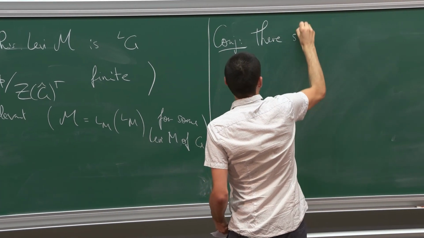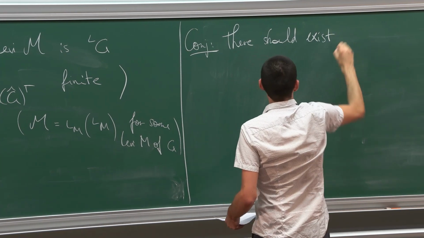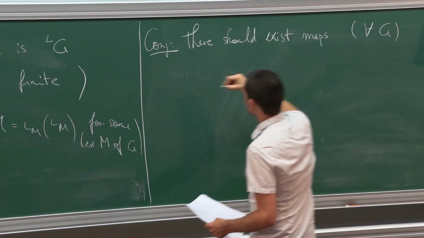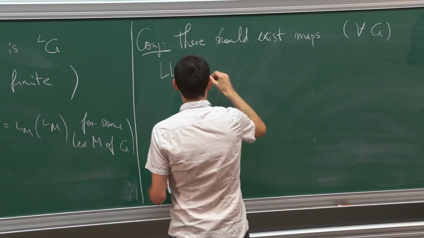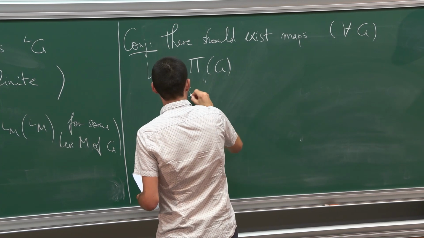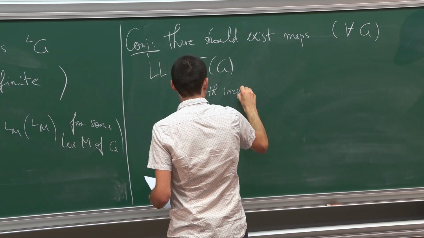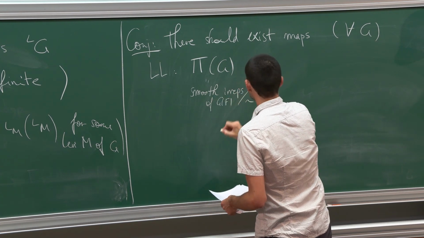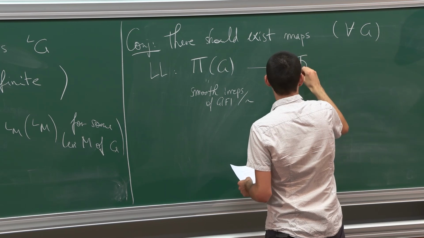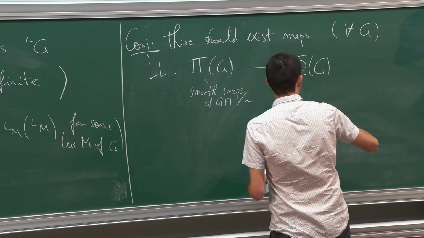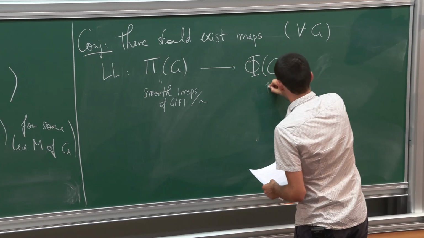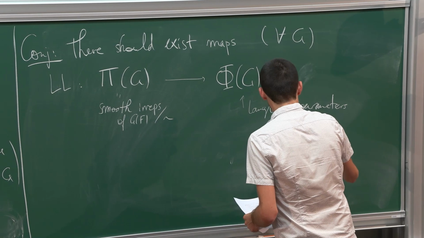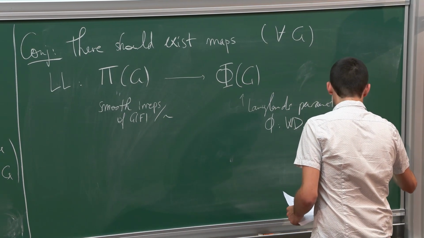So there should exist maps. So for any G, LL, maybe I should have put LL in the, from smooth irreducible representations of G of F to, so that's Langlands parameters up to G hat conjugacy.